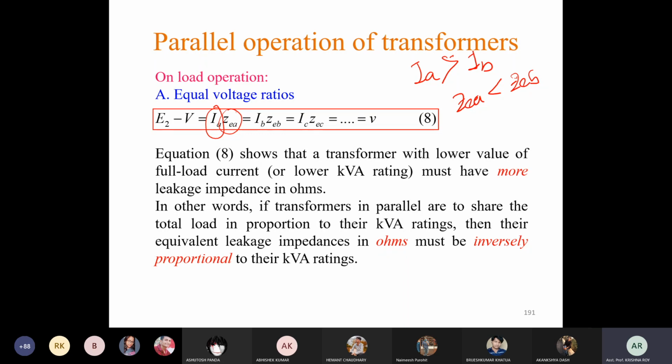See, from this equation we can write ZEA is proportional to 1 by IA. So 1 by IA, that is the load current. If we convert this into VA, volt ampere, then we can write this proportional to 1 by kVA load shared. Okay, so that is our condition 2.